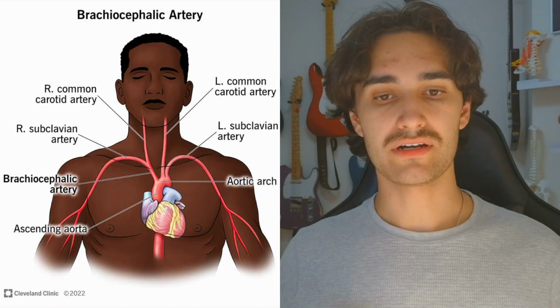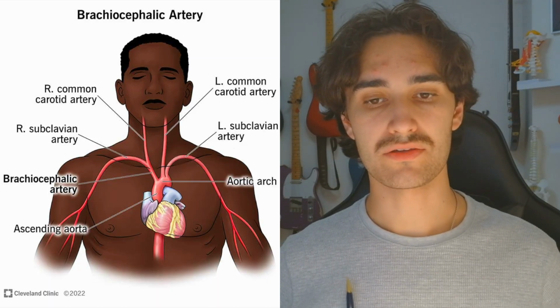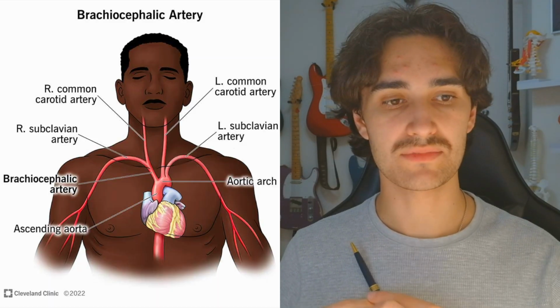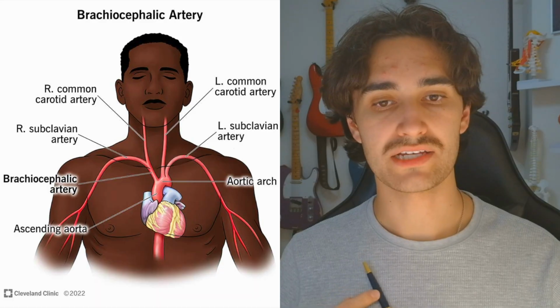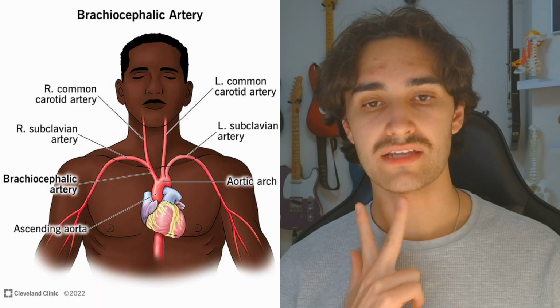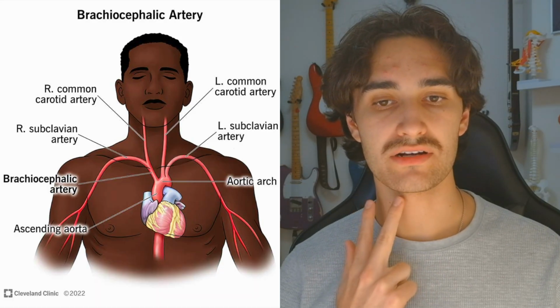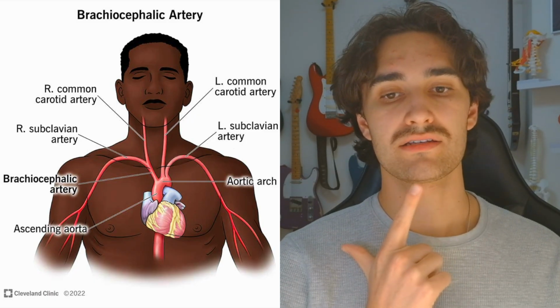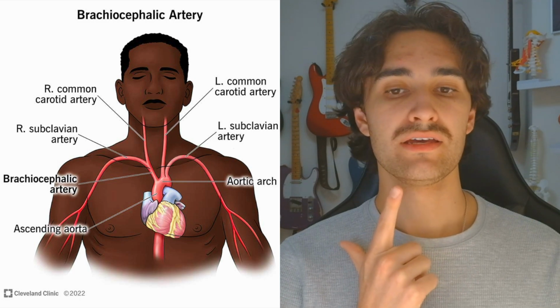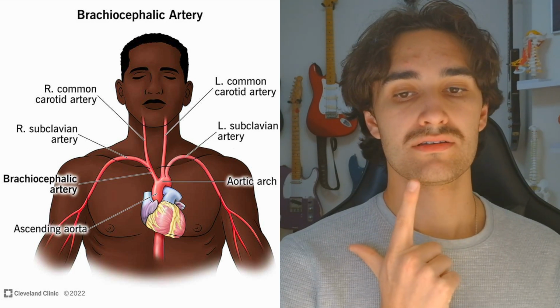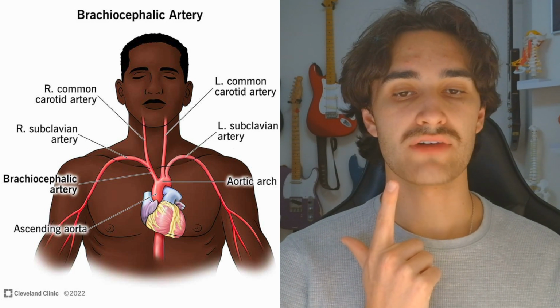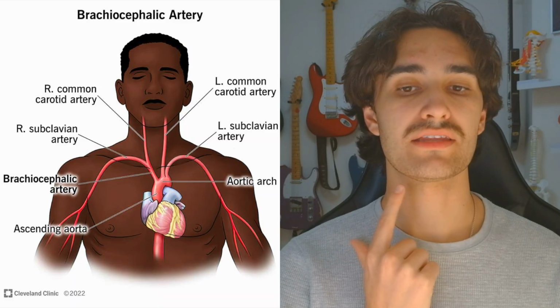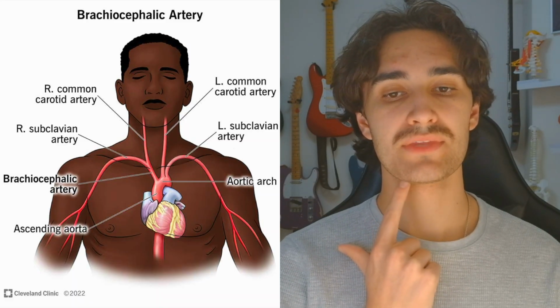If you imagine you have an arch in your chest called the aortic arch, and on the right side, the first branch that comes off of it is called the brachiocephalic trunk. This bifurcates into a common carotid artery, which is going straight up, and a laterally deviating subclavian artery, so the right common carotid and the right subclavian artery.